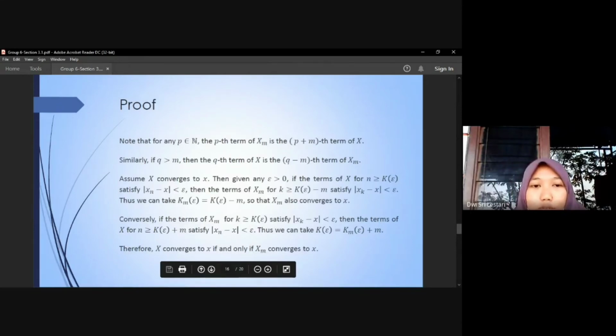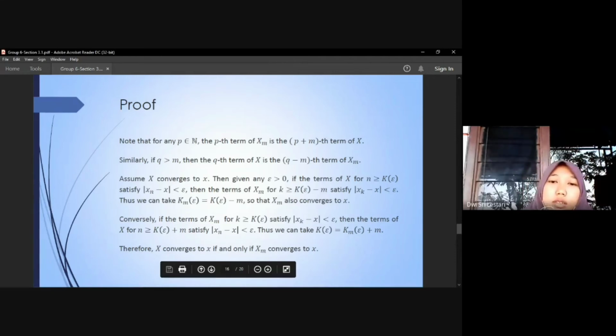For the proof, note that for any p in the natural numbers, the p-th term of Xm is the (p+m)-th term of X. Similarly, if k is greater than m, then the k-th term of X is the (k−m)-th term of Xm. Assume X converges to x.